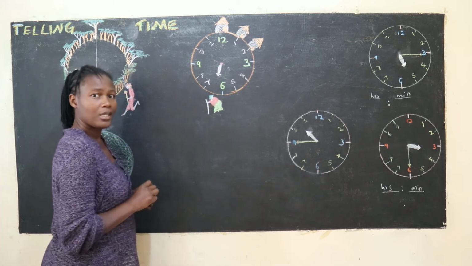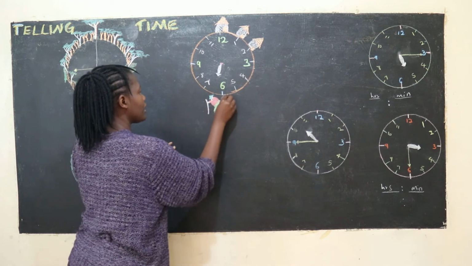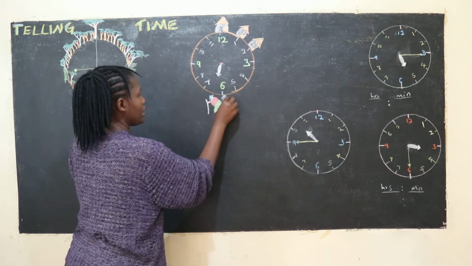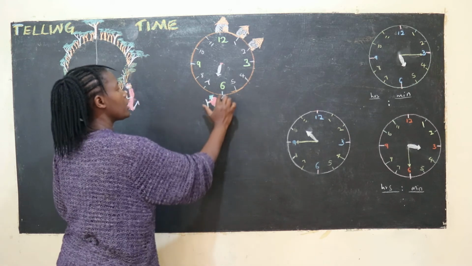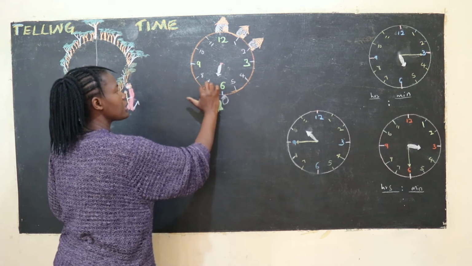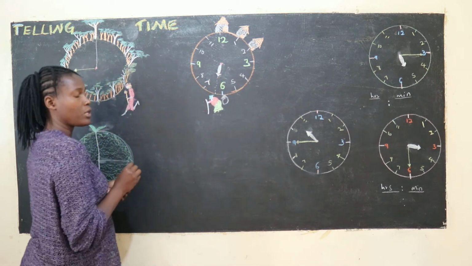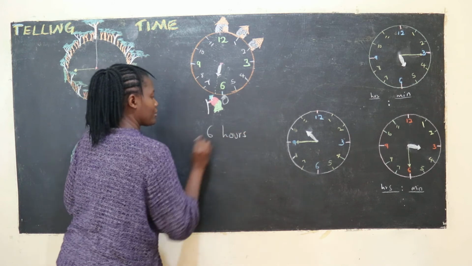Where do you suppose he is coming from? He's coming from a hut that is over here, and it is hut number 6. Can you see that? Because he's not yet reached 7, we say it is still 6 hours.